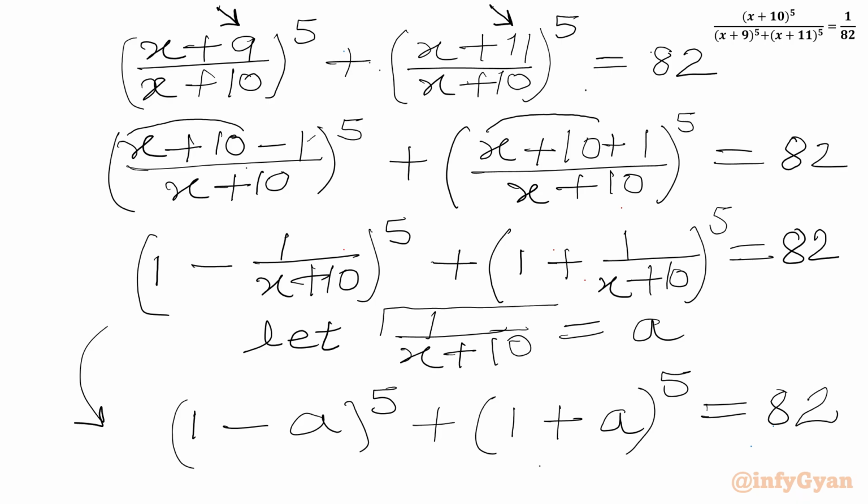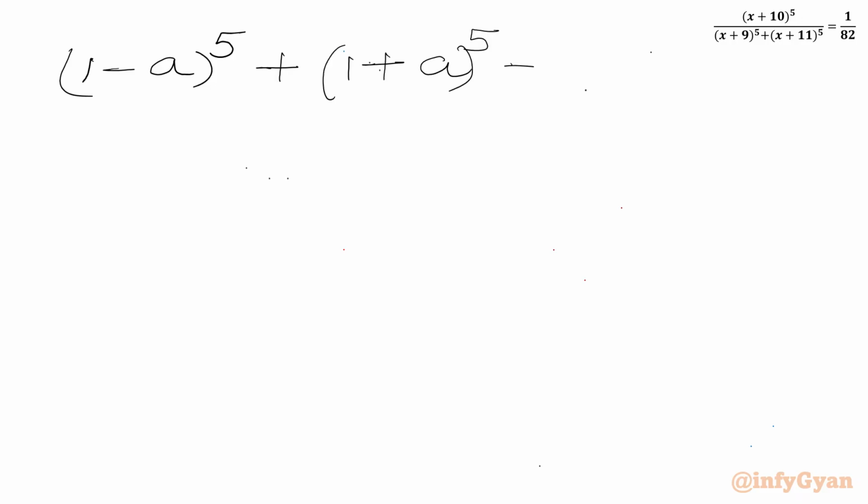Remember, a is our substitution 1 over (x+10). Now I will use binomial expansion. Let me write here (1-a)^5 + (1+a)^5 equal to 82, where a is 1 over (x+10).